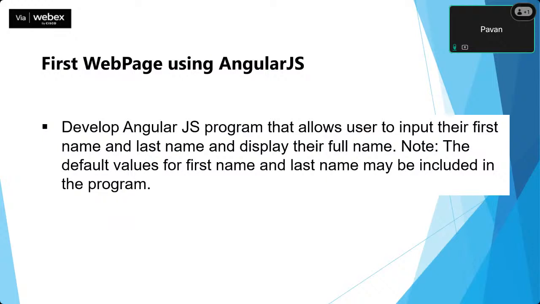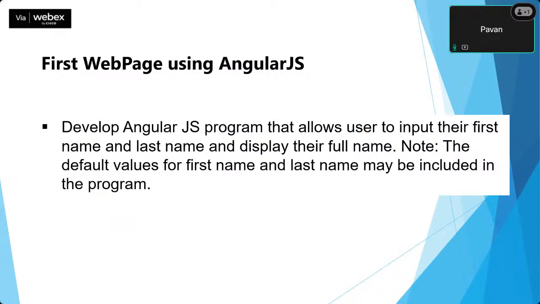Okay. So there is one note here. The default values for the first name and last name may be included in the program. So if the user doesn't give input, we have to keep one default value for first name and last name. Okay. So that's what the note means.